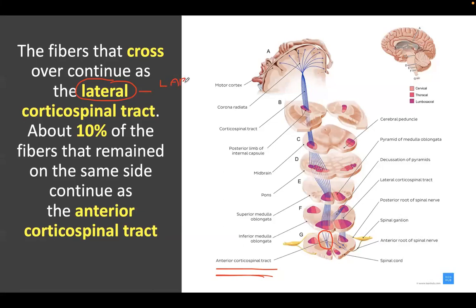In the Visayan dialect, labang. It's the one that crossed. Letter L. Ang nilabang is si lateral. The anterior corticospinal tract, which is about 10% of the fibers, stays on the same side.